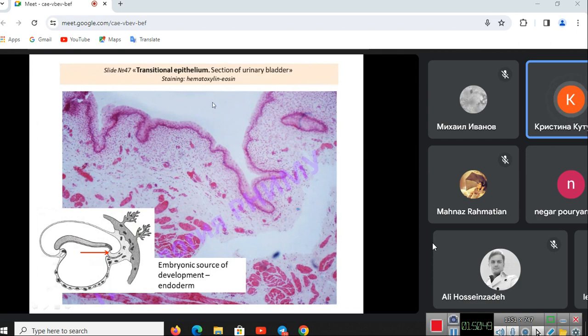This is the lumen of urinary bladder, which should be filled with urine. So this is the epithelium of the urinary bladder. Its embryonic source of development is endoderm, partly the embryonic endoderm and partly the extraembryonic endoderm of allantois, which is here.